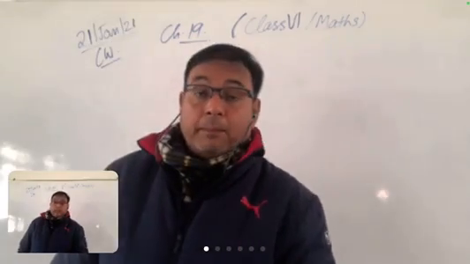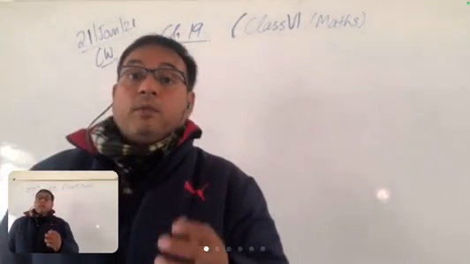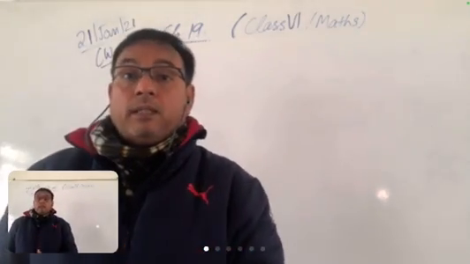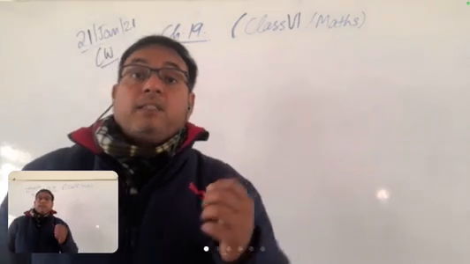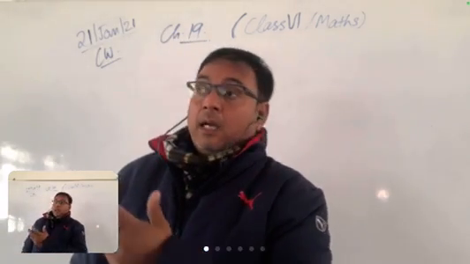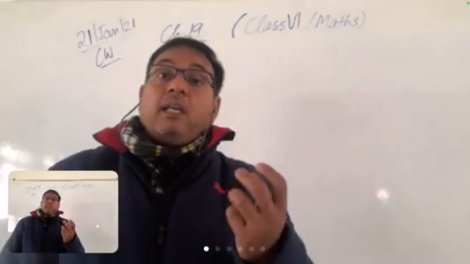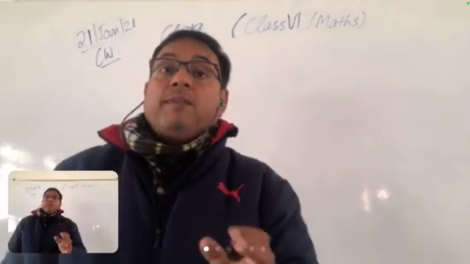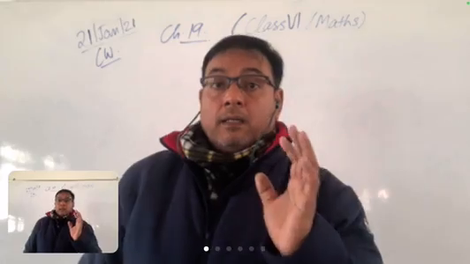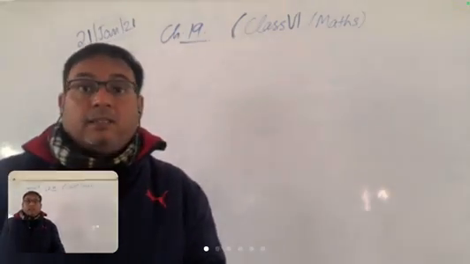Yesterday you made a table. Today I want you to learn it: if it is a cuboid, how many vertices, how many faces, how many edges are there. Everyone must learn that table.